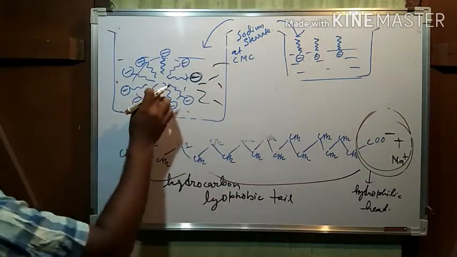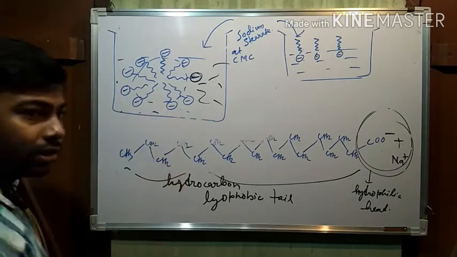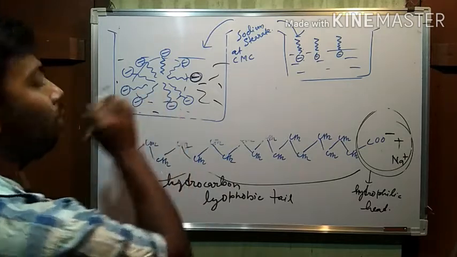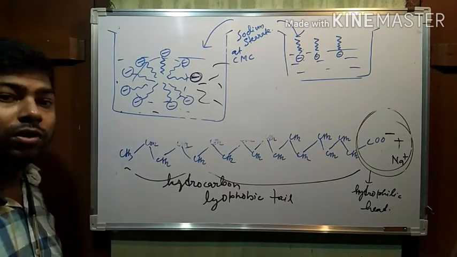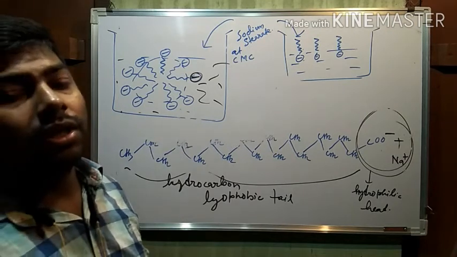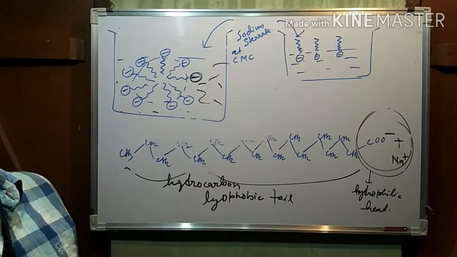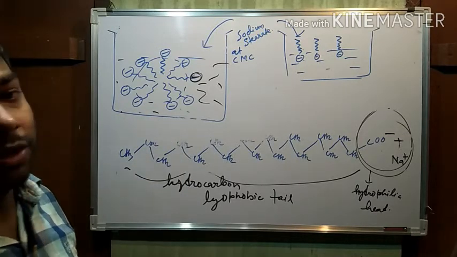But this hydrophobic part, that means this hydrocarbon part, is in between, in a spherical type molecule, so that it cannot attach with the water because it is water repelling. In this way, at CMC, the formation of micelle takes place.